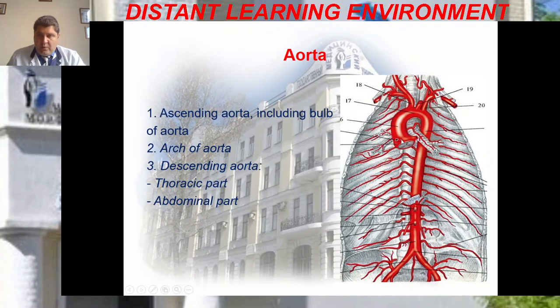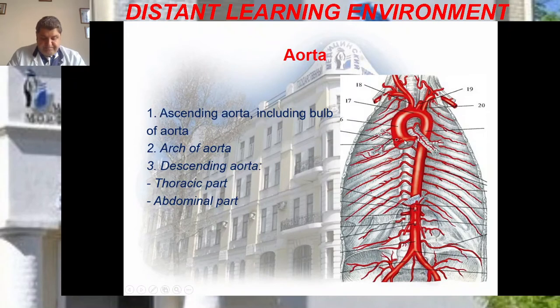And when we studied heart and blood supply of heart, we also talked about branches of ascending aorta. And you know there are coronary arteries, left and right coronary arteries.